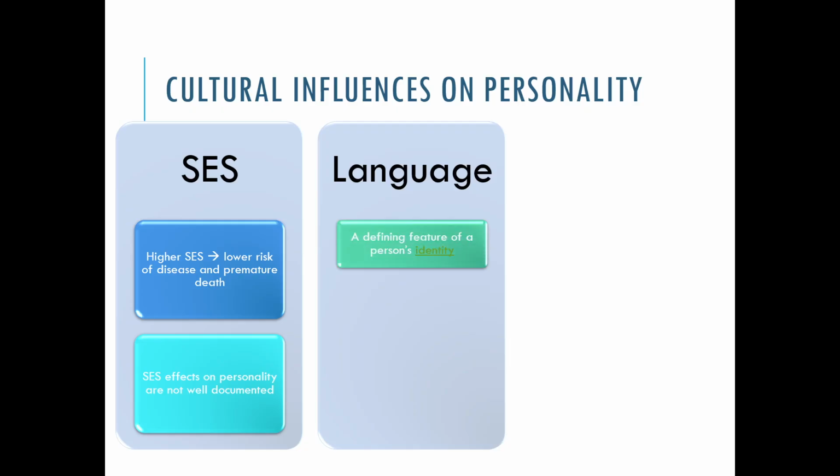Language, we keep coming back to this. It's probably a defining feature of a person's identity. Like I said, we oftentimes don't think about that. We don't think about how important language is to our sense of self, to our sense of agency.